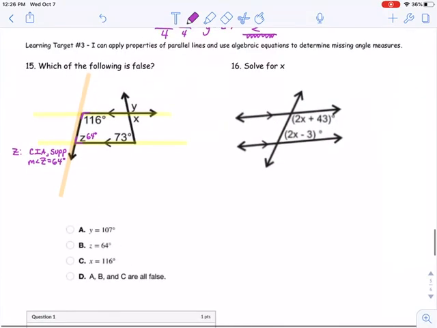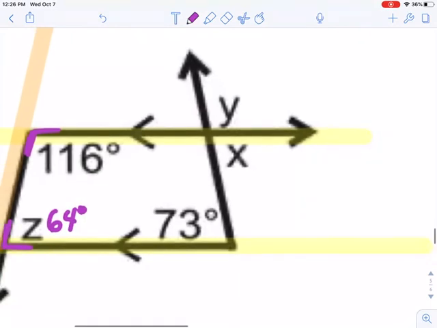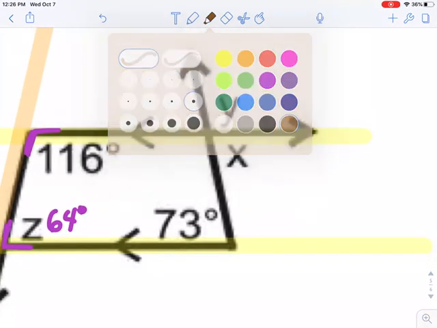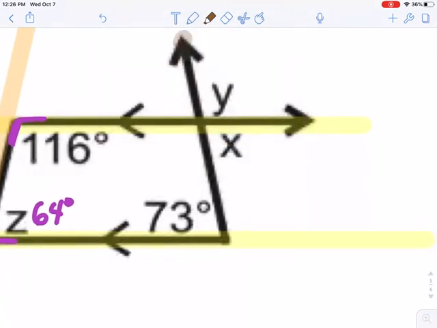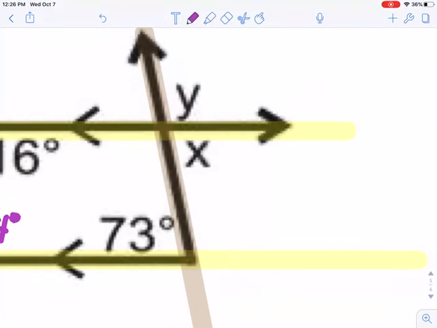So let's see, zoom out. It says, which of the following is false? Well, Z equals 64 degrees, so that one's not false. Okay. Now over here, same thing. We got the yellow parallel lines. We got this transversal.